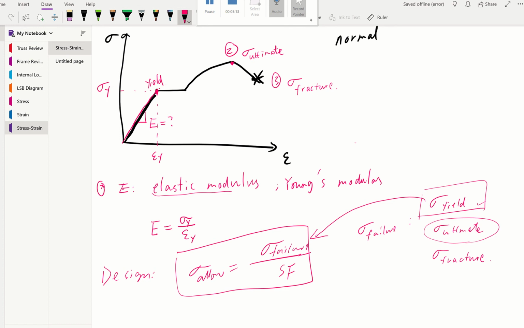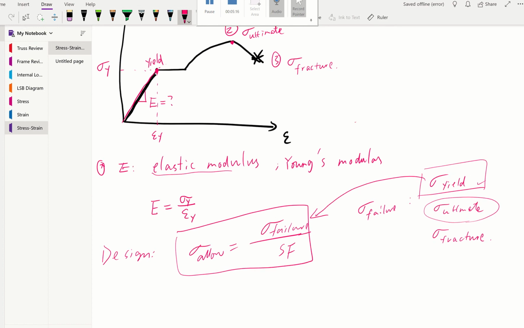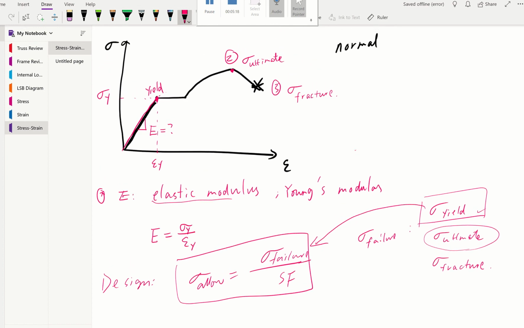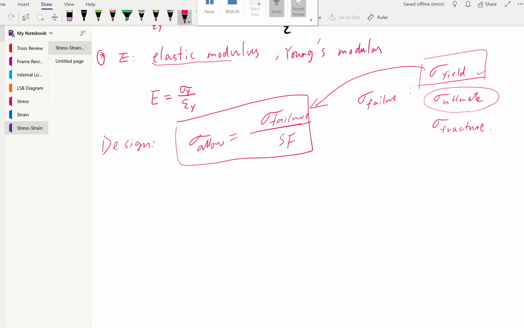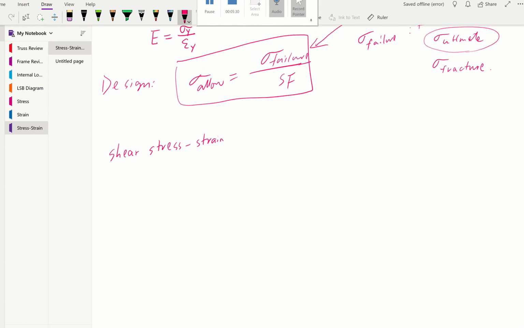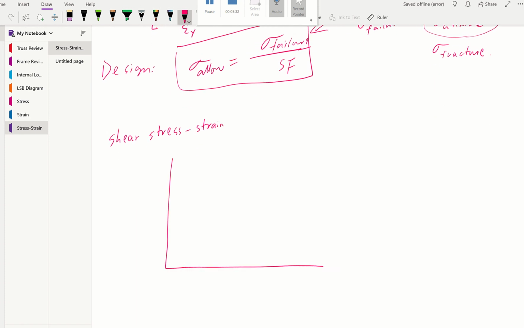Another concept I want to go over is, instead of normal, the shear stress-strain curve. For that one, we'll have a similar pattern. However, instead of epsilon for normal strain, we're going to have shear strain, which is our gamma.